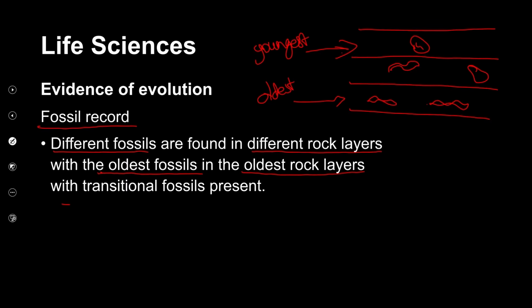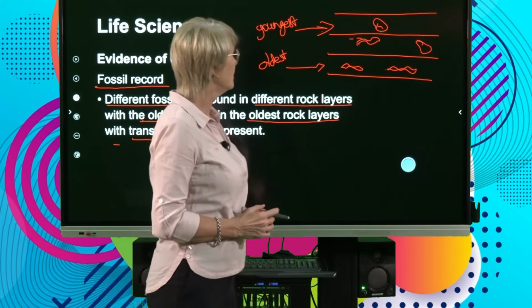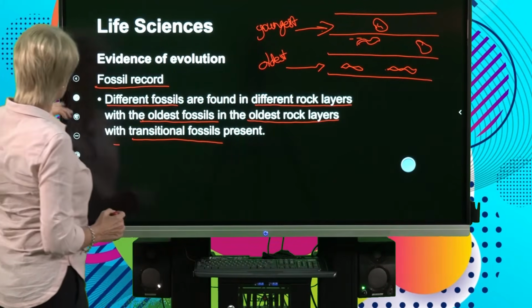Between these fossils and these fossils, there may be another layer of fossils that are transitional. Those transitional fossils have some characteristics in common with the fossils in the oldest layer, as well as other characteristics in common with fossils found in a later layer. All right, so that is the fossil record.